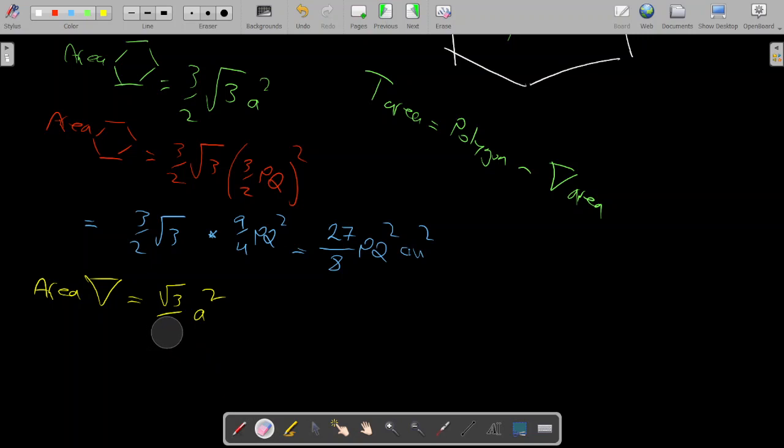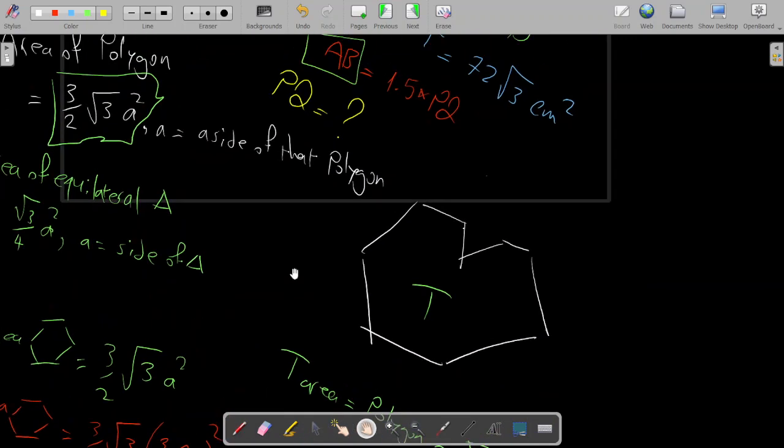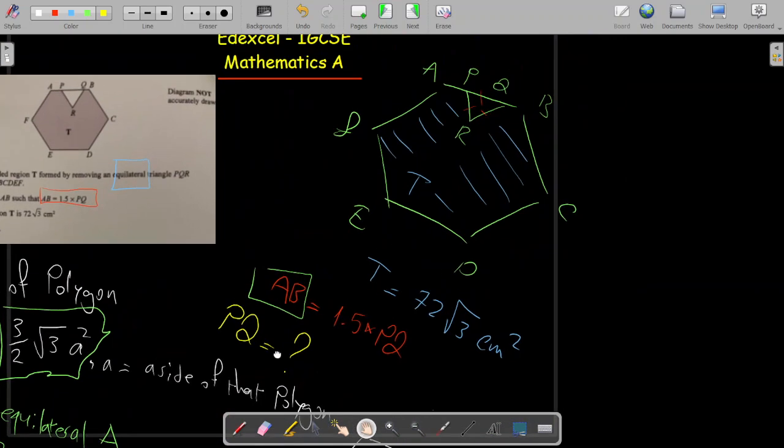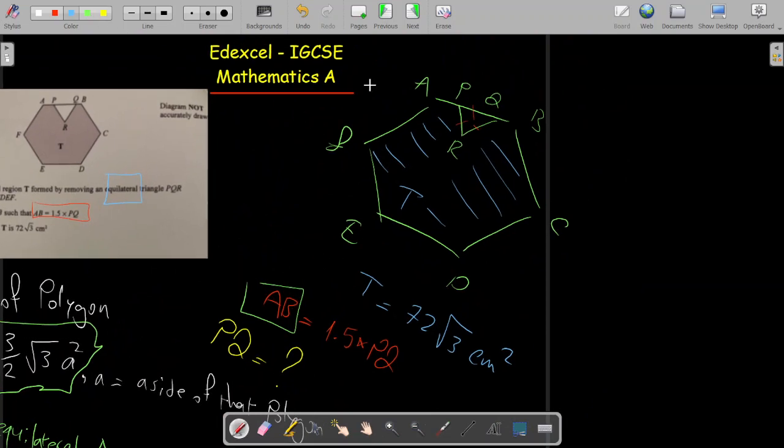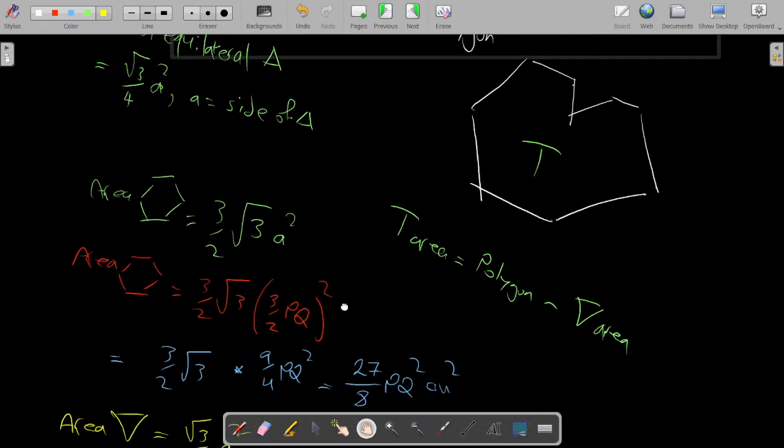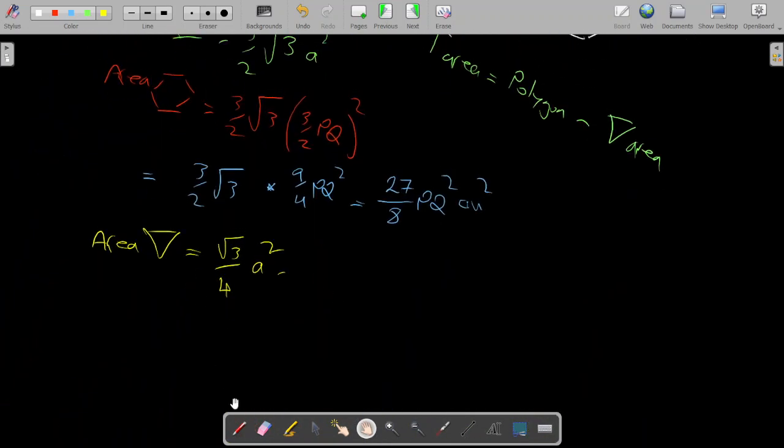I'm going to try and make it clear to you so you don't get confused. So as I said here, what is the value of a here? We are dealing with the triangle here, so don't get confused. Here we are dealing with the PQ itself. The PQ is the side of the triangle, because this is a different a.